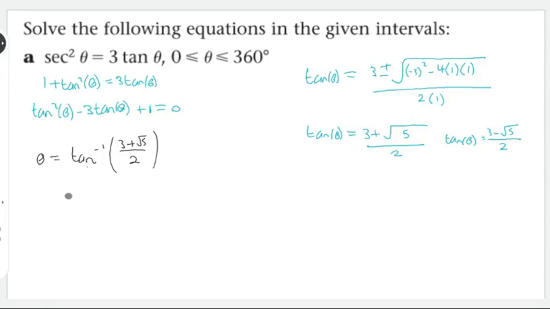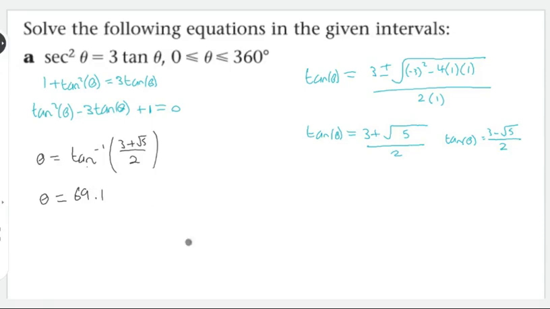I'm going to go with that. Actually, let me just check with the calculator. Yeah, to one decimal place, 69.1.